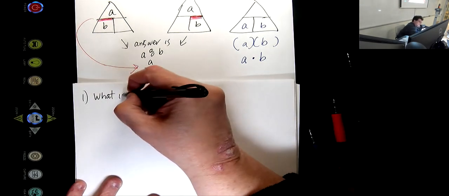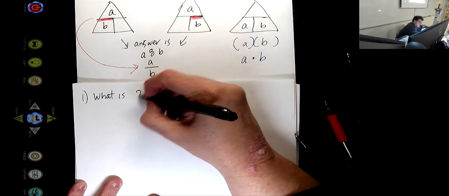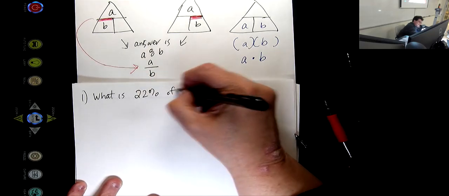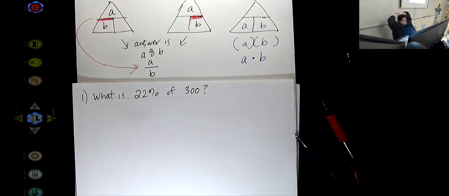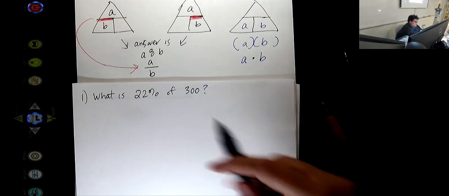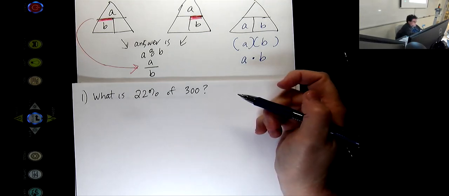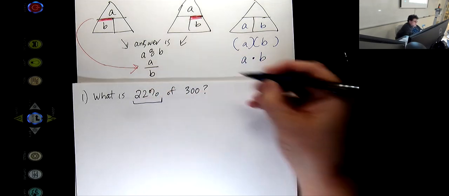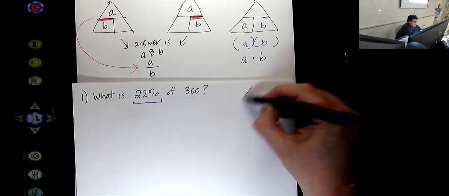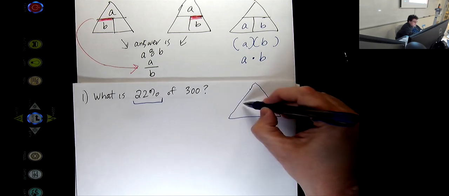What is 22% of 300? So the percent thing is the percent thing in my triangle, and I'm gonna write it as a decimal.